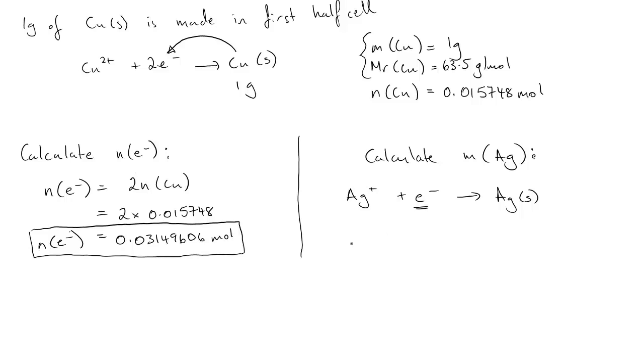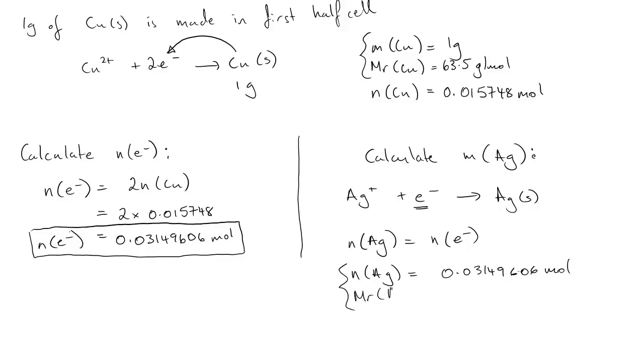So all we have to do is say the mole of silver is equivalent to the mole of electrons passing through. So the mole of silver is equal to 0.03149606 mole. Then we use the molar mass of silver, which is 107.9 grams per mole, to work out the mass of silver.